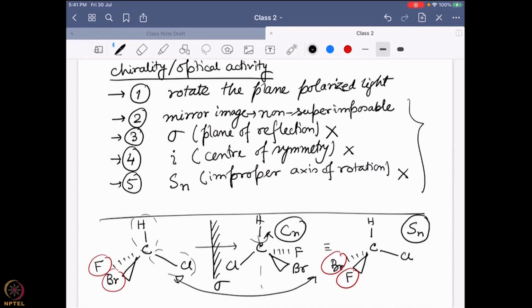Some of you might argue that this plane of reflection might not be perpendicular to the Cn axis we are using, but we learned that it doesn't matter. A molecule can have only one particular reflection. So outside the molecule, if you want to put a plane of reflection, it doesn't matter where you put it, you are going to find the same reflection.